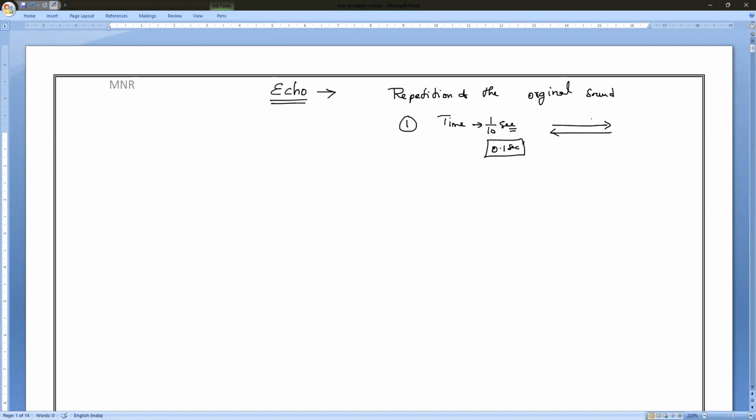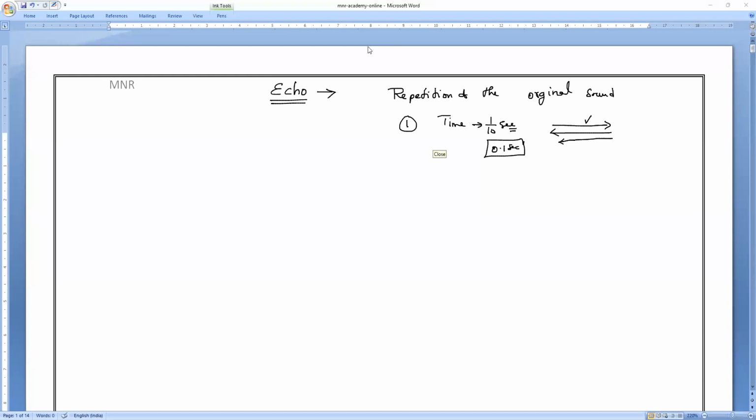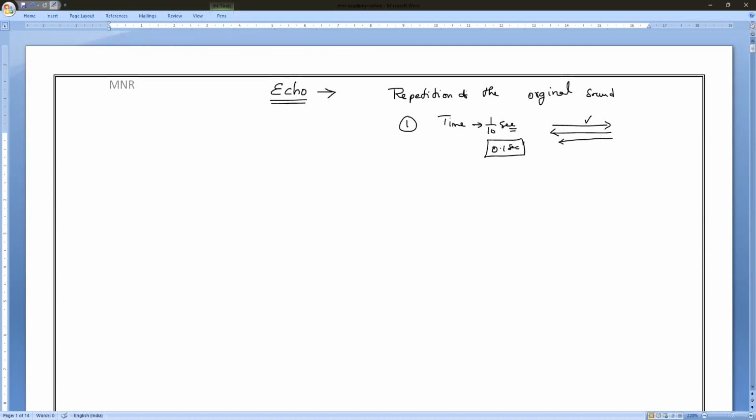Then only can we distinguish which is the echo sound and which is the original sound. If the time is less than that, it is not possible to distinguish whether an echo is being produced or not. So what is the minimum time duration to hear the echo? 0.1 second, or 1 by 10 seconds.